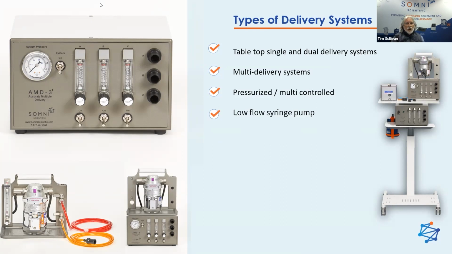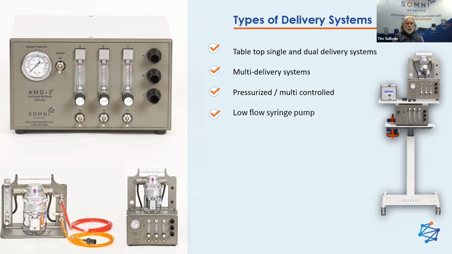Typical use of this kind of system is to deliver fresh gas to one or two devices at one time. A lot of times we'll see the user having one fresh gas supply going to an induction chamber and a second fresh gas supply going to a nose cone.